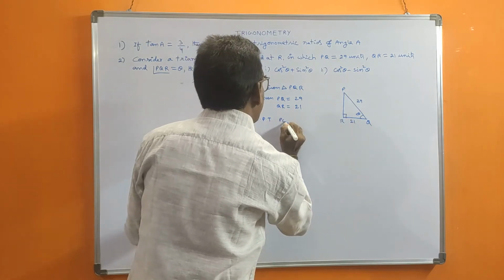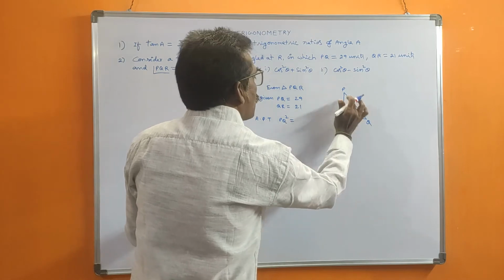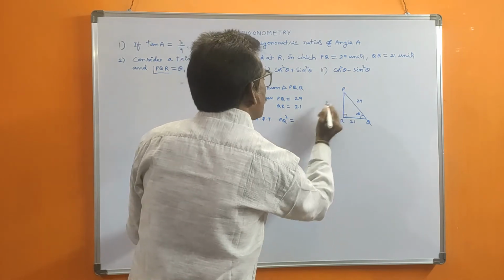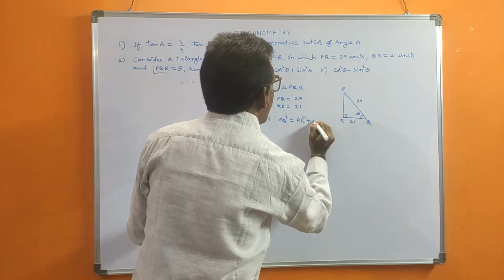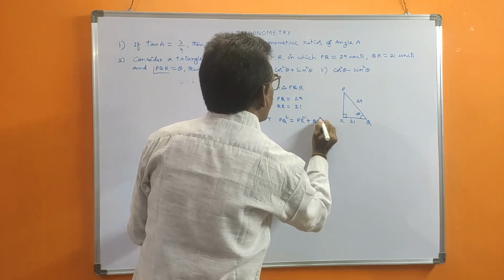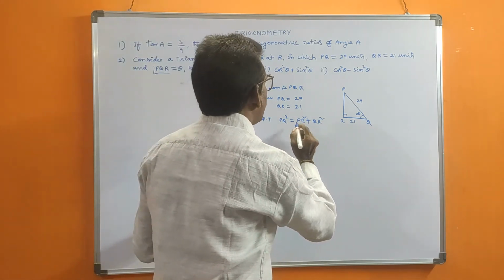What is the Pythagoras theorem related to this triangle? Hypotenuse square is PQ square, that you should remember. Once the hypotenuse is there, the remaining two sides: PQ square is equal to the sum of squares of the remaining sides, PR square plus QR square. Now substitute the given values.